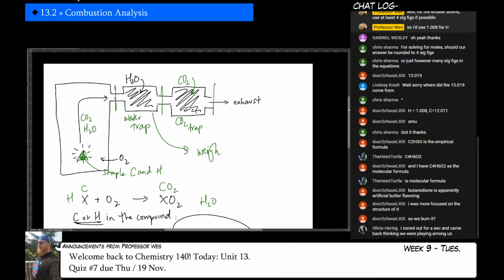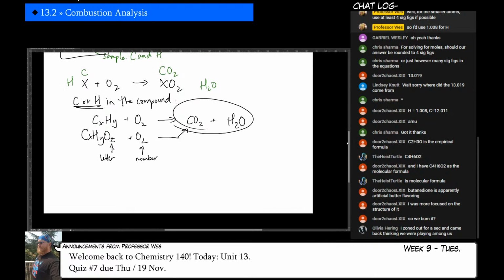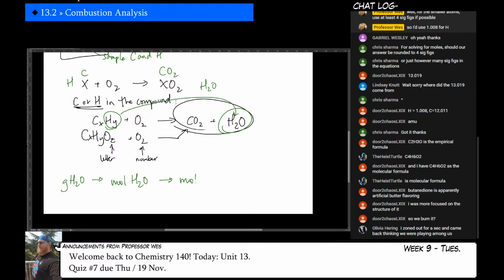Now you might think, okay, well, learning how much water I have in my sample is not super useful. But consider the following. If all of my hydrogen in the combustion analysis ended up in water, and I know the number of grams of water I have, I could turn that into moles of water, and then moles of hydrogen, and then make the pseudo formula out of it.